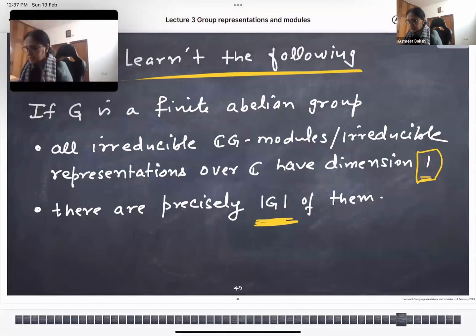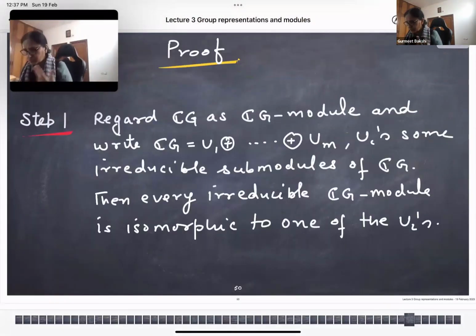This is a consequence of this, but let me try to prove something in this regard, because I want to have control on non-isomorphic irreducible CG modules. How do I obtain them?